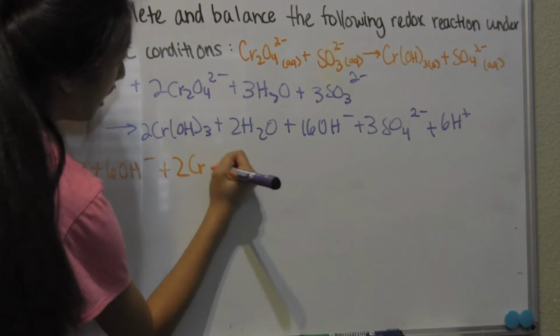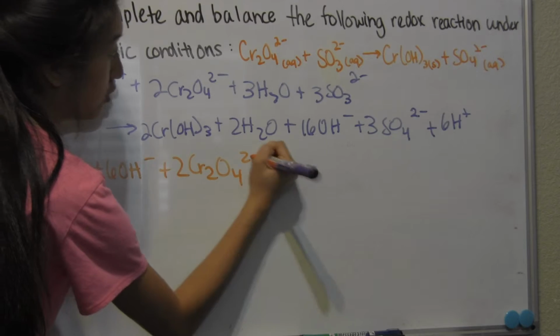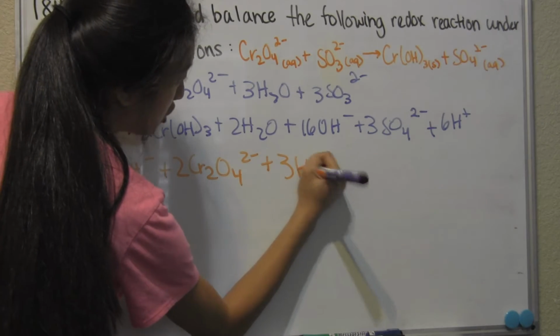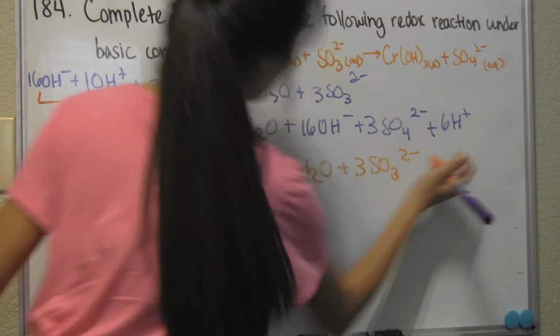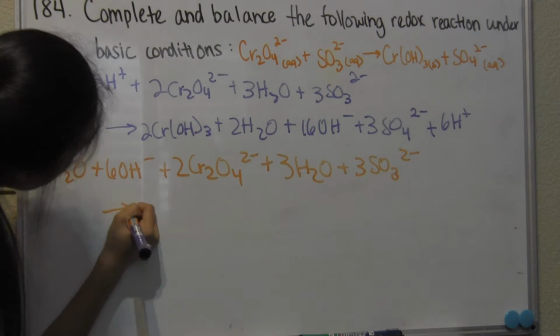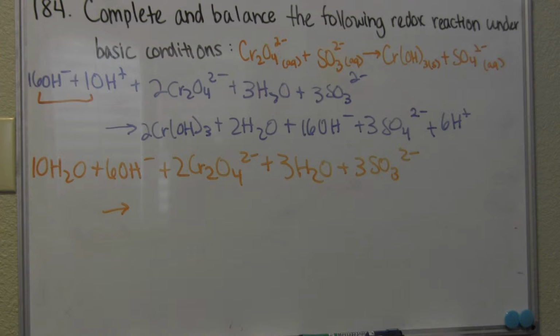plus 2 Cr2O4 2 minus plus 3 H2O plus 3 SO3 2 minus, and then that will yield, you can make 10 OHs as well with this one.